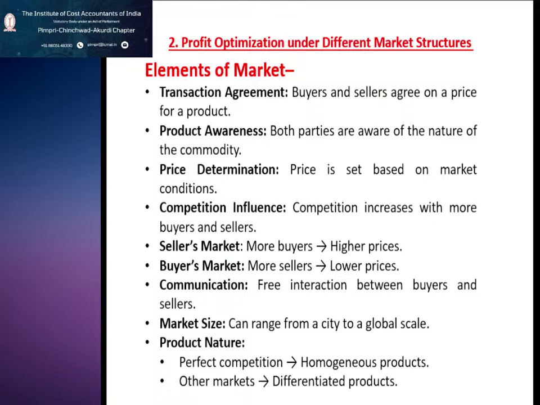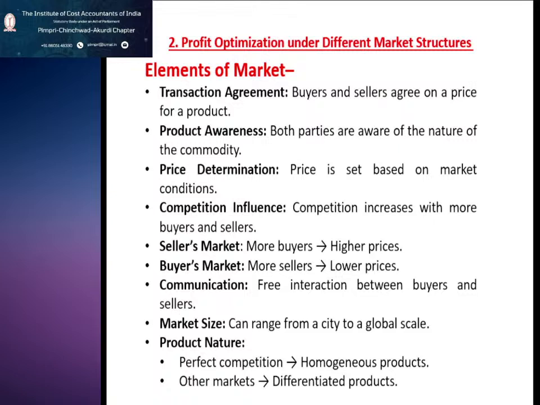In competition influence, the competition increases with more buyers and sellers. In a sellers market, more buyers means higher price, so buyers are aggressive. And in a buyers market, more sellers means lower prices. So these market characteristics are there in any market. Communication again, there should be a free interaction between buyers and sellers.